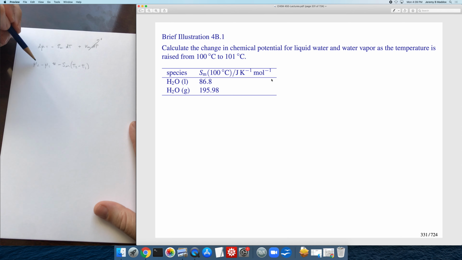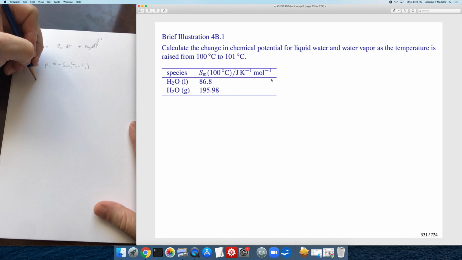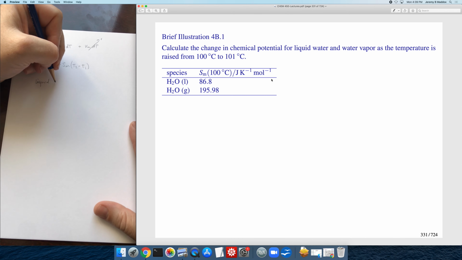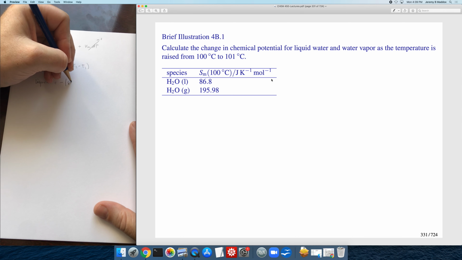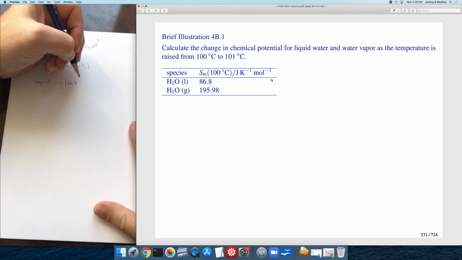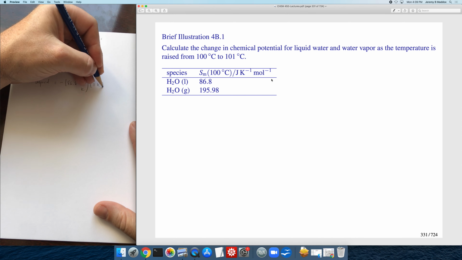So we want to calculate the difference for both the liquid and for the water vapor. So we'll just run the numbers for the liquid first. So this will be the liquid. We'll plug in minus 86.8 joules per Kelvin, and that's 1 degree Kelvin.